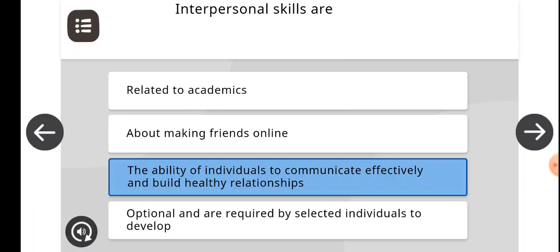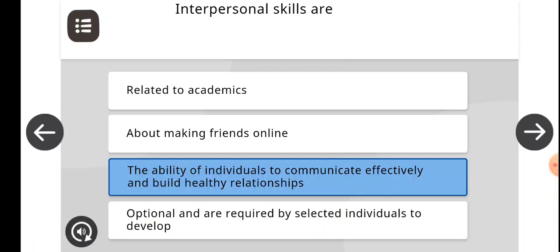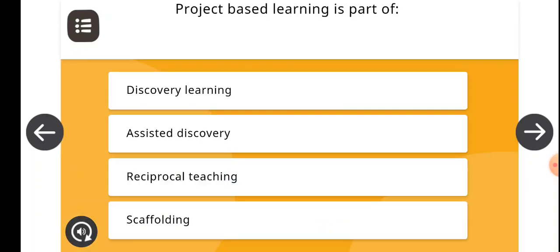Are interpersonal skills useful to the individual to communicate effectively in society and build healthy relationships with their peer groups, heads or lower cadre people? Are they optional and required only by selected individuals to develop? So interpersonal skills are the ability of individuals to communicate effectively and build healthy relationships. This is the right answer.